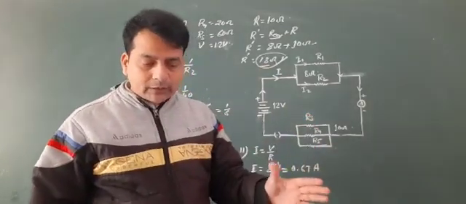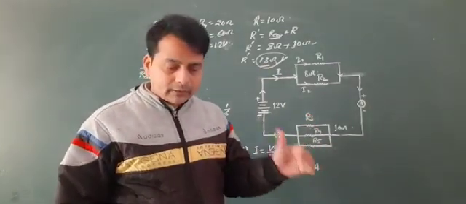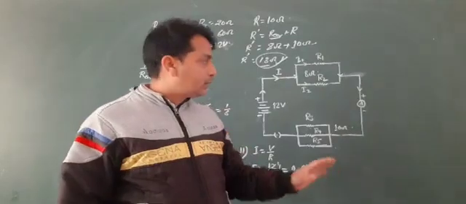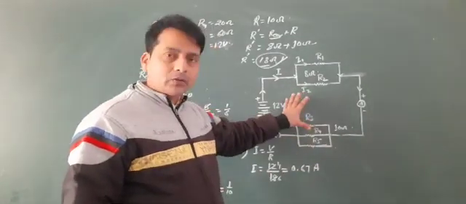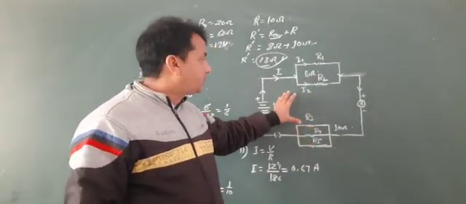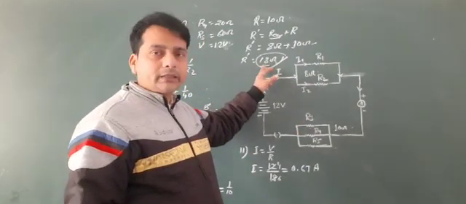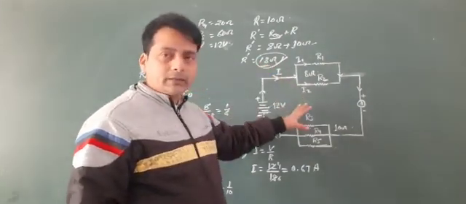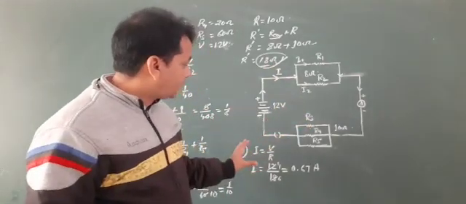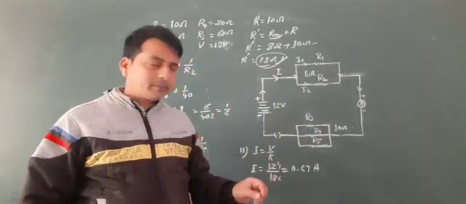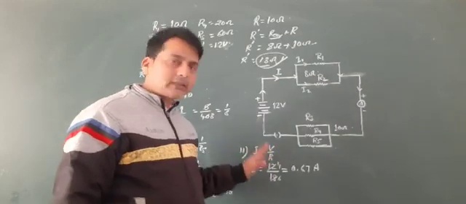Now the next question: the total current flowing in the circuit. We have already found the total resistance in the circuit, that is 18 ohm, and we know that electric current is equal to the potential difference divided by resistance.